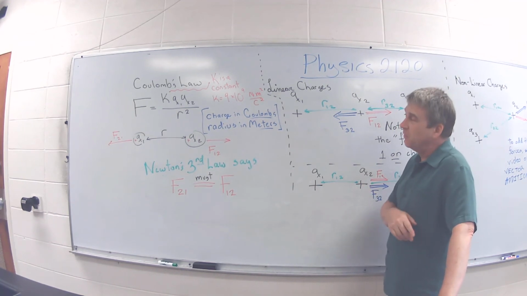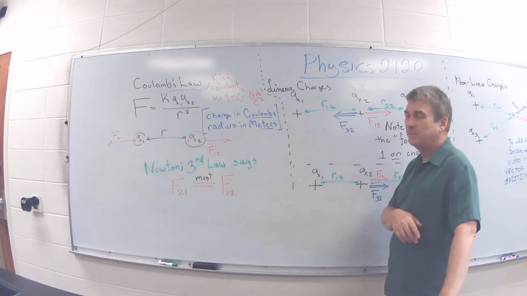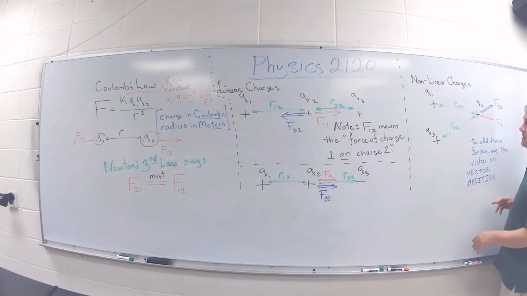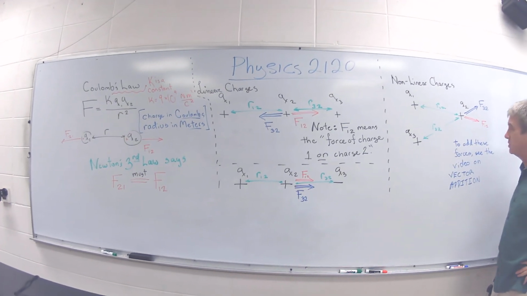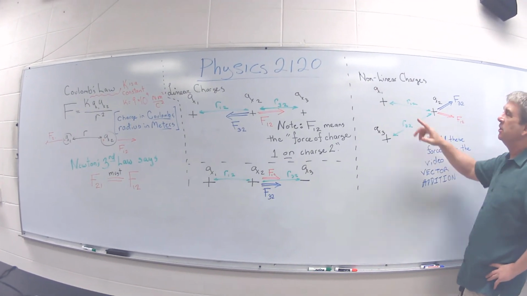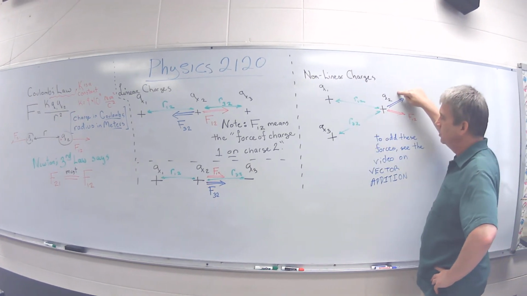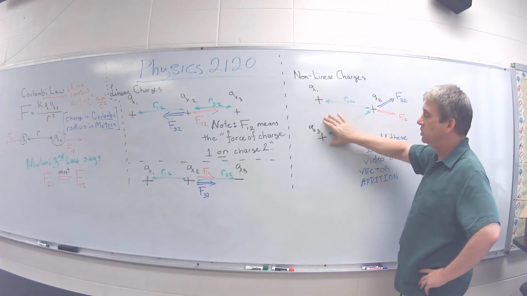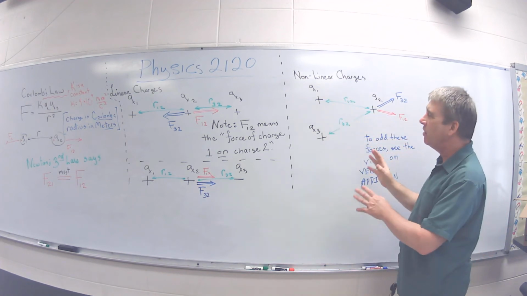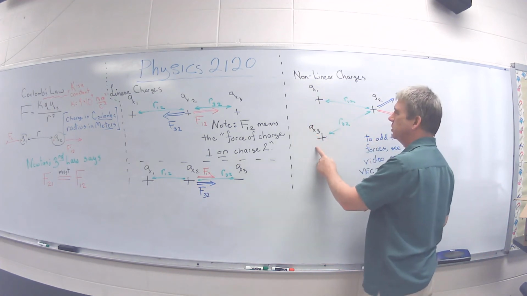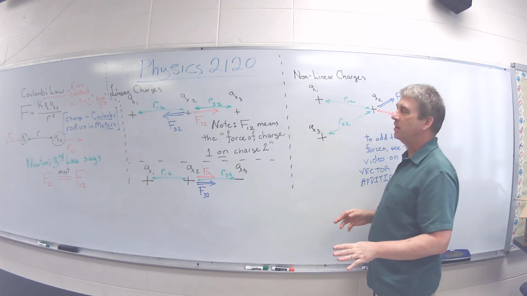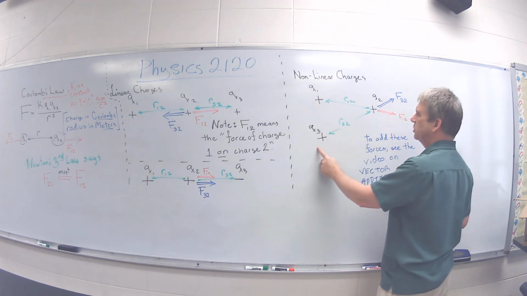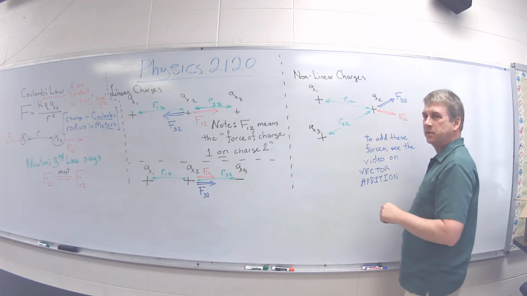But, as I said before, Coulomb's law is going to get a little complicated when we get to charges that are nonlinear. So let's take a look at these three charges right here. Charge 1, charge 2, charge 3. Again, we're not going to let charge 1 and charge 3 move. Are there forces between charge 1 and charge 3? Yeah, there are. But we're not interested in that. We're just interested in how these two charges are affecting this one right here in the middle.